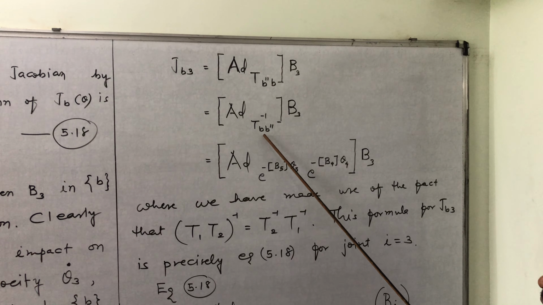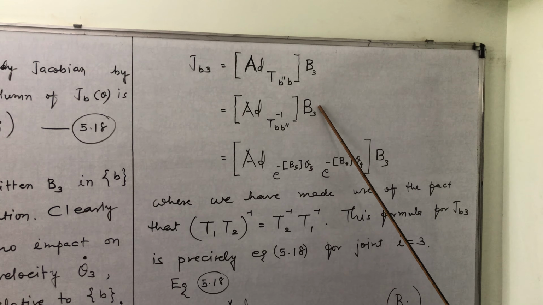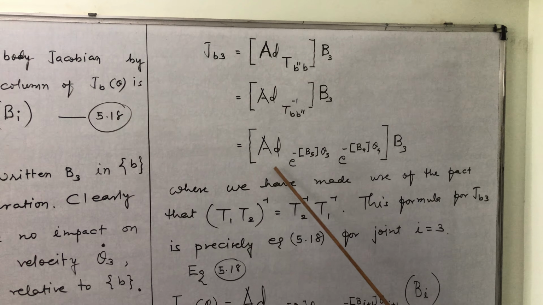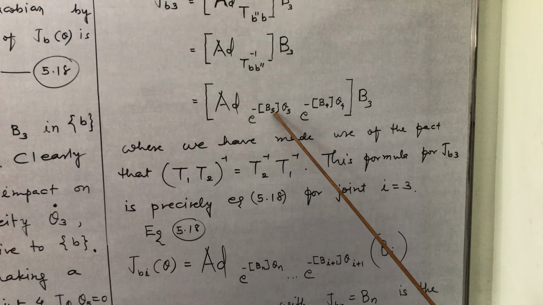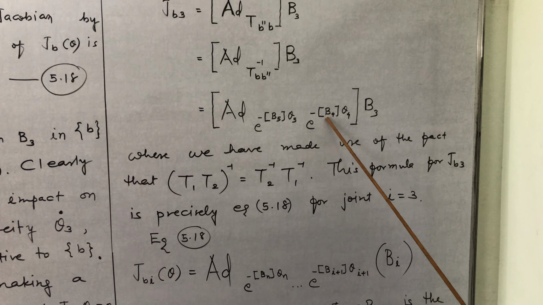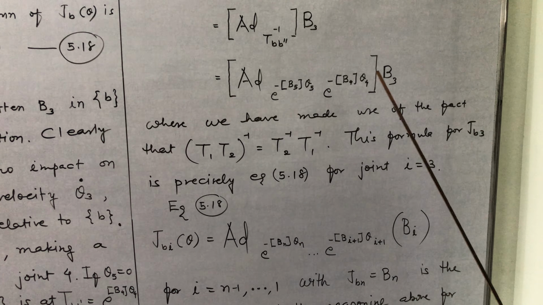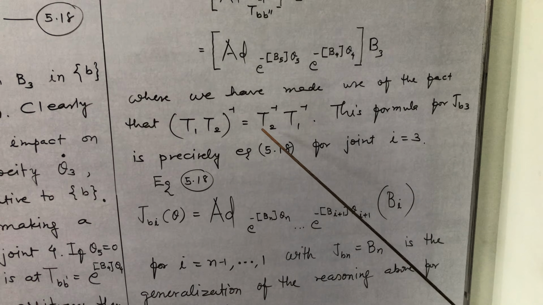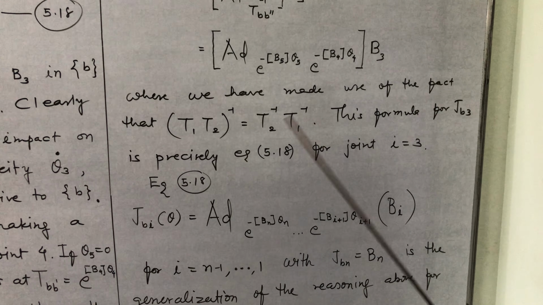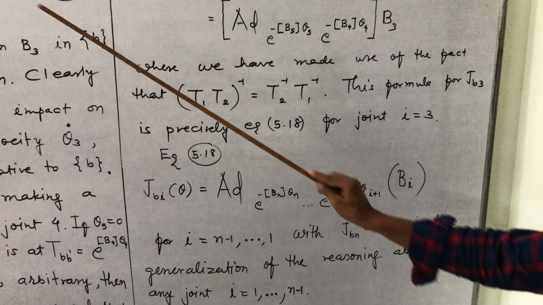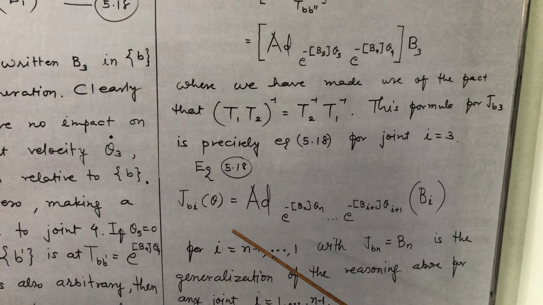So the adjoint representation of T in B double dash inverse into B3, and this one is nothing but the adjoint representation of e raised to minus B5 θ5 into e raised to minus B4 θ4 into B3, where we have made use of the fact that (T1 T2) inverse is T2 inverse into T1 inverse. The order is changed. This formula for JB3 is precisely equation 5.18, this one, for joint i equal to 3.